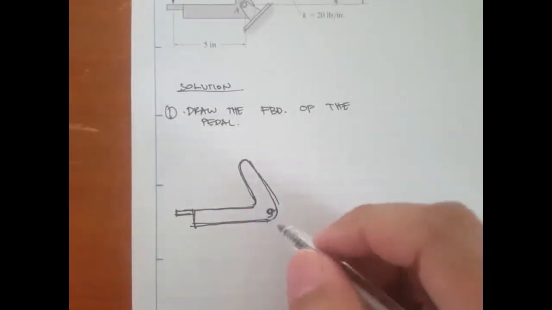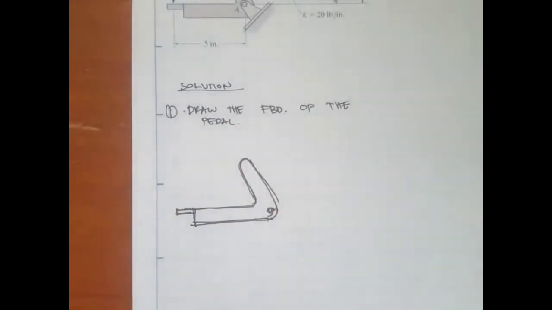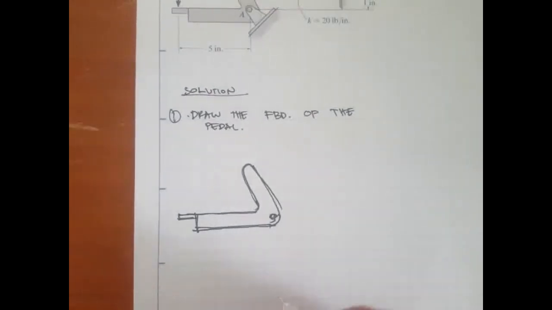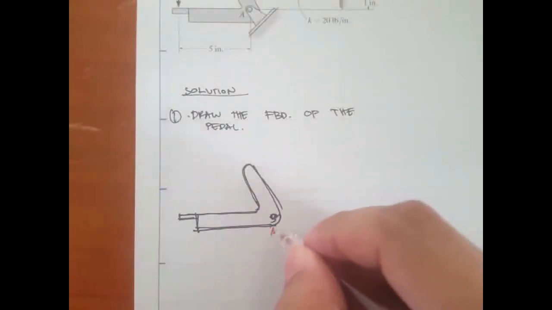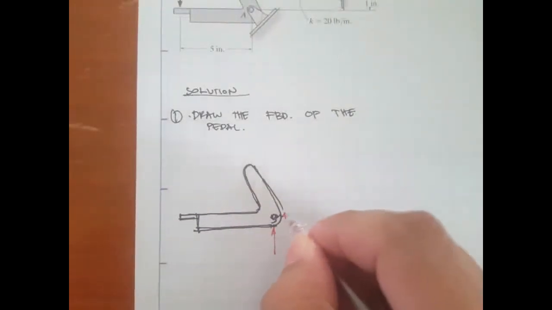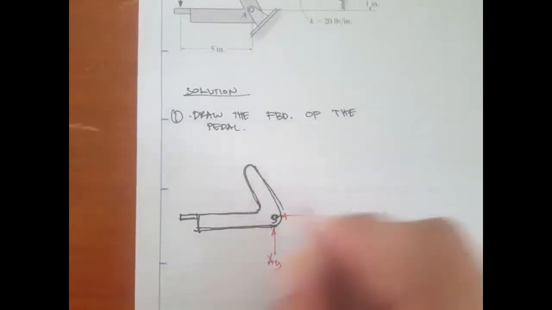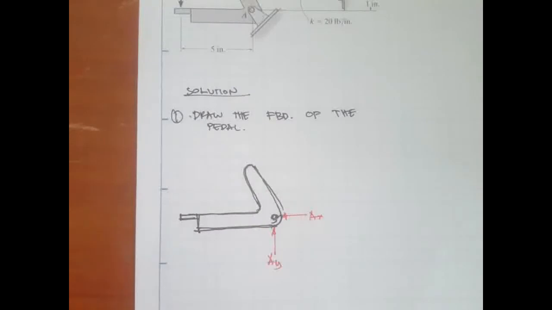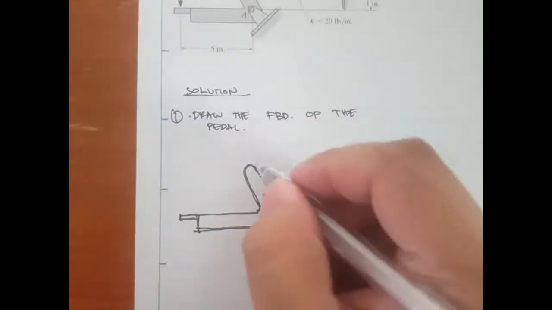Right here we have a pin support, and if we show the reactions, we have a reaction along X and a reaction along Y. So this is AY, this is AX, and right here we have a point.